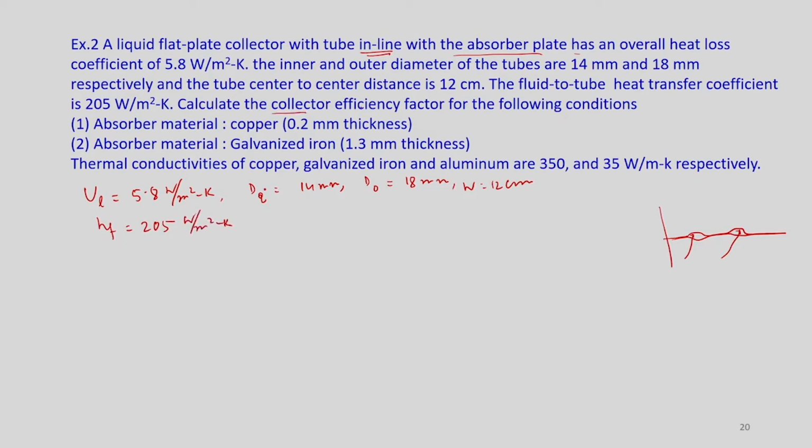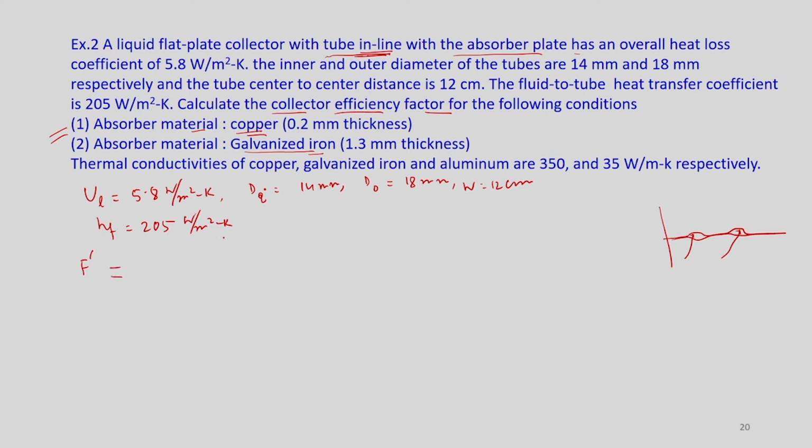We are interested in calculating the collector efficiency factor, that is F dash, for the tube inline configuration. Two different absorber plate materials are to be used. In the first case it is copper with thickness 0.2 mm, and in the second case the absorber material is galvanized iron with thickness 1.3 mm. The thermal conductivities of these 2 materials are given. Let us start with the expression for F dash.